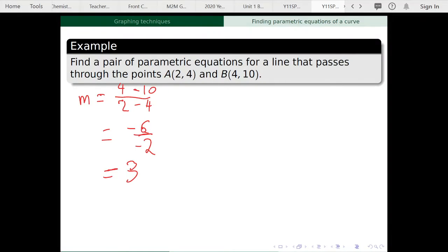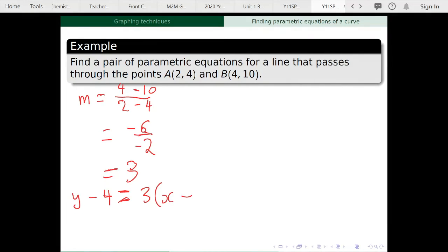And then we need to get the full equation, right? So we need to get the c value. I'm going to use that quick equation where you just put in the points. It's y minus y1, so I'll just use the point A, and then we've got m, so that's 3 times in brackets x minus x1.